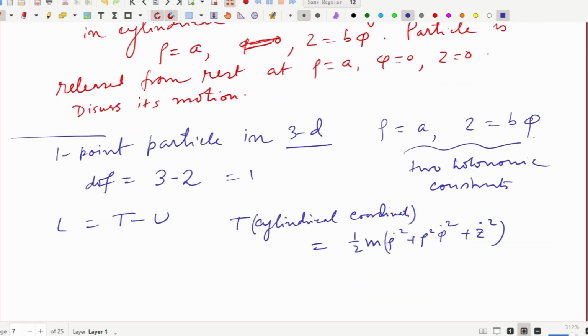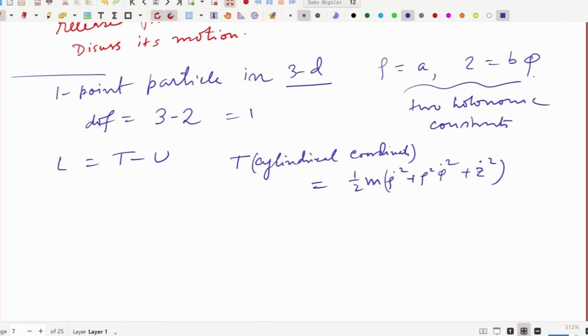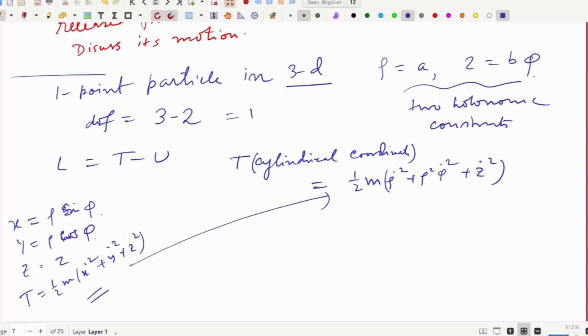This is the kinetic energy in cylindrical coordinates, which you can find using the relation between Cartesian and cylindrical coordinates, y equal to rho cos phi and z equal to z. If you substitute, finding x dot and y dot, then T equal to half m times x dot square plus y dot square plus z dot square will take you to this kinetic energy.